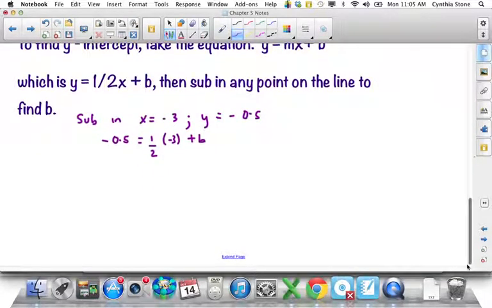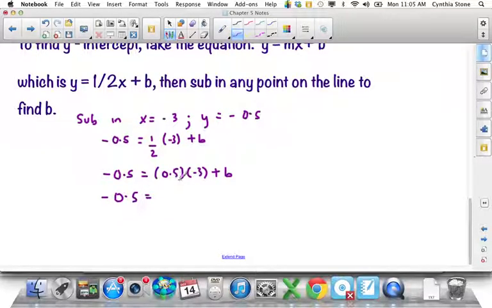There are different ways you can do it, and you certainly learned how to deal with fractions last semester. But because this is a decimal, I'm going to make this a decimal anyways. So minus 0.5. Remember, 1/2 is just equal to 0.5. 0.5 times minus 3 plus b, and we're solving for b here.